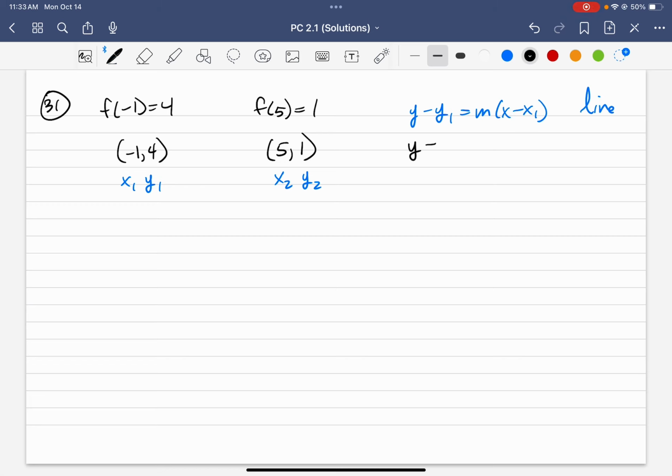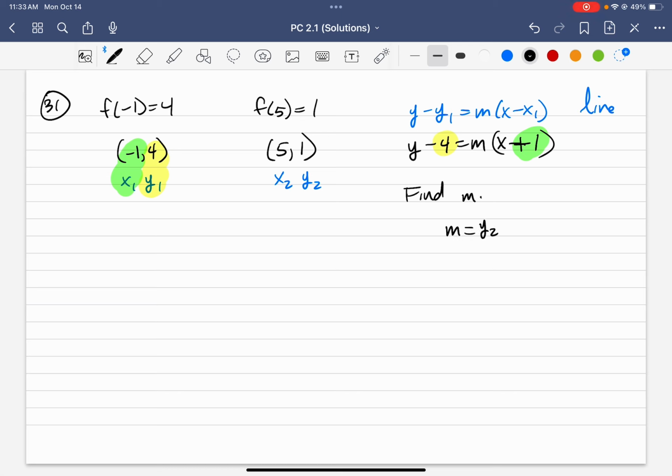So I can plug in for y1. It looks like y1 is going to turn out to be 4. And it looks like x1 is going to turn out to be -1. So if you take x minus a -1, that's going to end up being plus. So the only thing I need to do now is to find our slope.